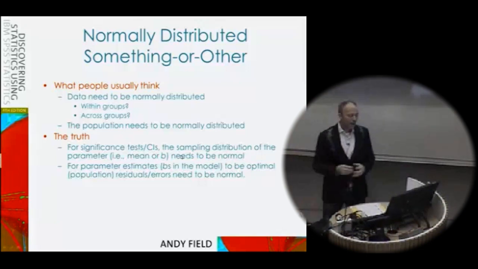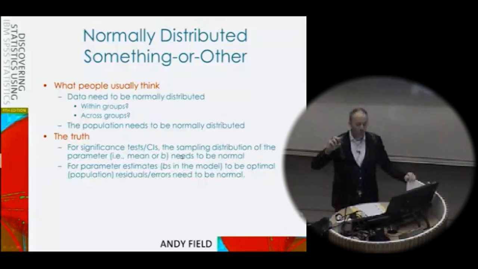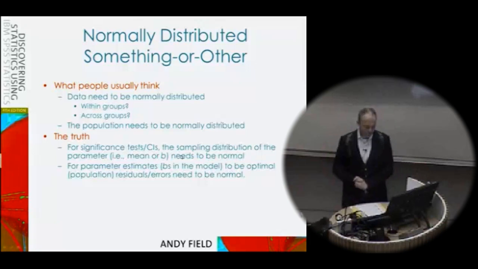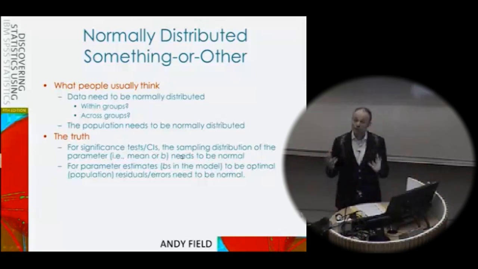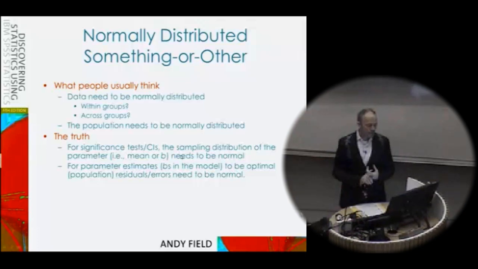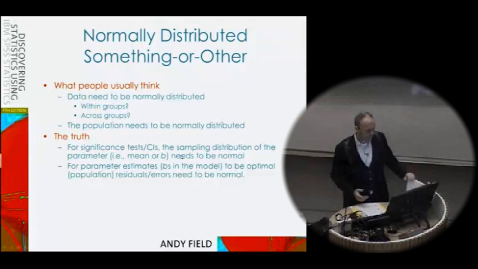So if you're computing a mean, which is a parameter, and you want to significance test that mean or construct a confidence interval around it, then the sampling distribution of that mean has to be normal. If you're doing regression, then the sampling distribution of the regression coefficients needs to be normal for those significance tests and confidence intervals to be accurate. If you're not worried about significance tests or confidence intervals, then normality doesn't matter.